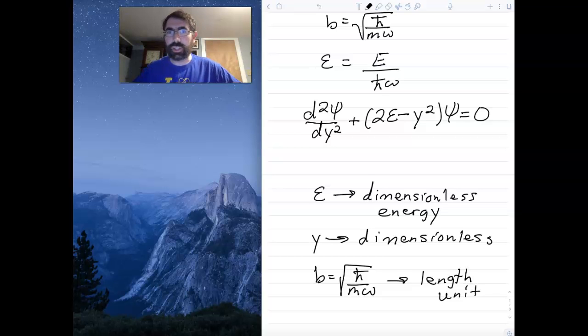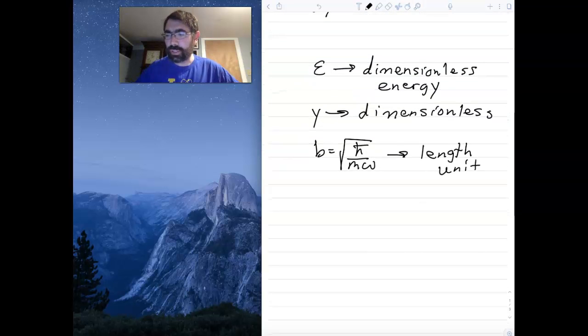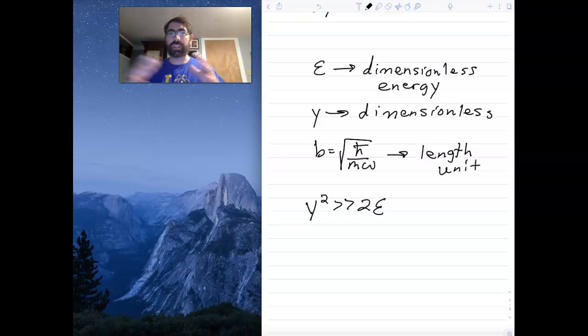Okay, so let's take a look at this differential equation. Let's take a look at the long range limit. So let's say that y squared is much, much bigger than 2 epsilon. Okay, so we're looking at a very long distance.